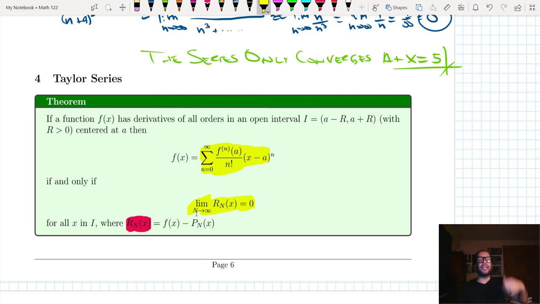We did a quadratic approximation, a cubic approximation, and so on. But what about the infinitely many terms that we didn't use? That is the remainder. And if the limit as we approach infinity is 0, then this is a good approximation.